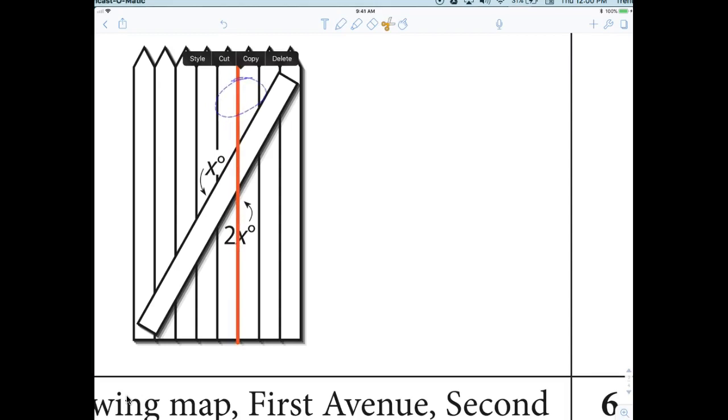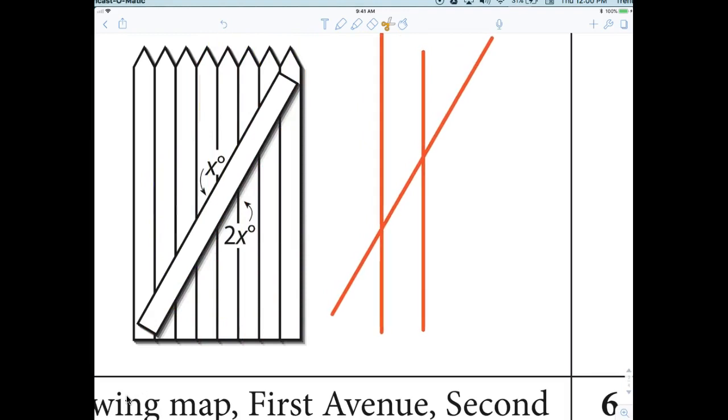And then what I'm going to do is I'm going to draw this right here, and then maybe you can see it a little better. And then I'm going to draw this transversal like this. And now watch what I'm going to do. I'm going to pick this up and I'm going to slide it over so you can see it better.